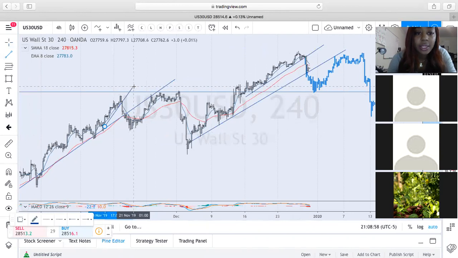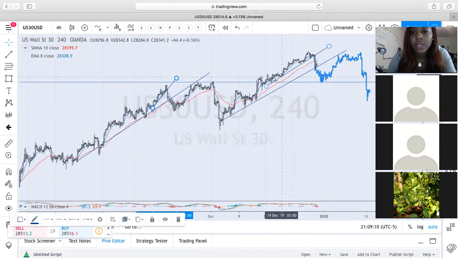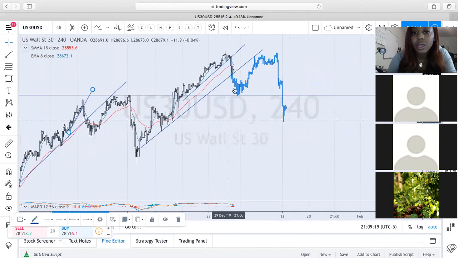We have this little minor break here. Then we have this break here of this major structure trend line. And then we have this break, retest here, consolidation, drop. Break here, this previous resistance now tested as support, retest here, consolidation, drop.